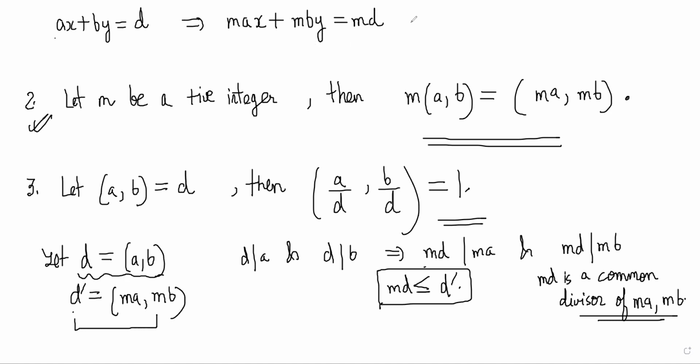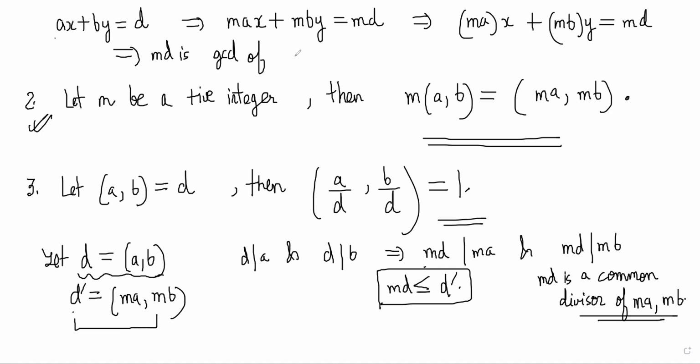This means that we have MA times X plus MB times Y is equal to MD, which tells us that MD is the GCD of MA and MB. But we had already gotten that D dash was the GCD of MA and MB.